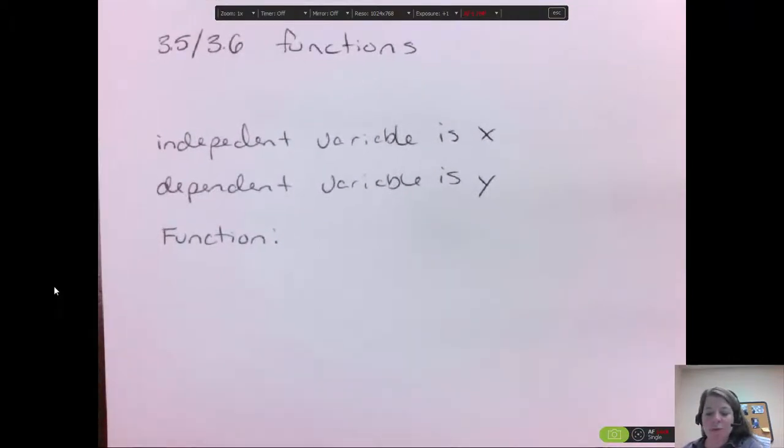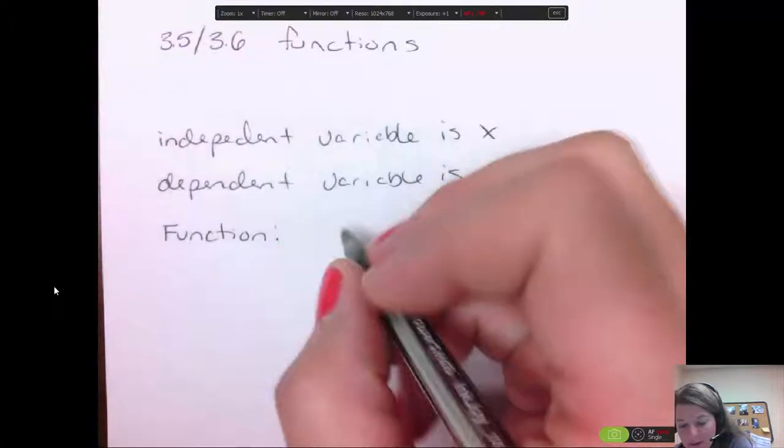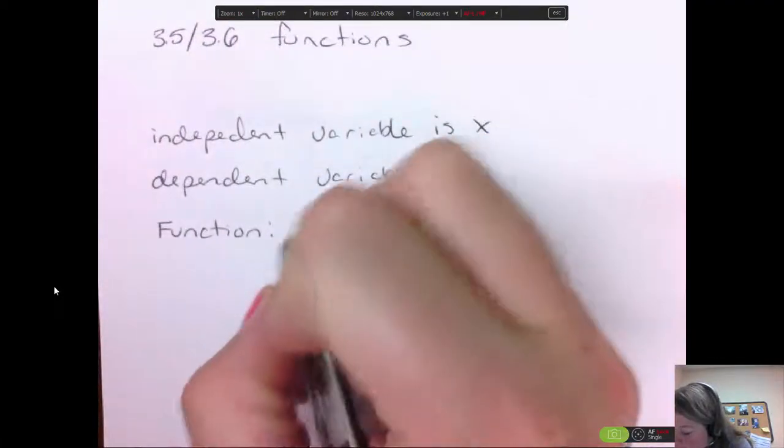A function is a relation in which for each value of the first set, there's exactly one value in the second set. I'm going to write that out.